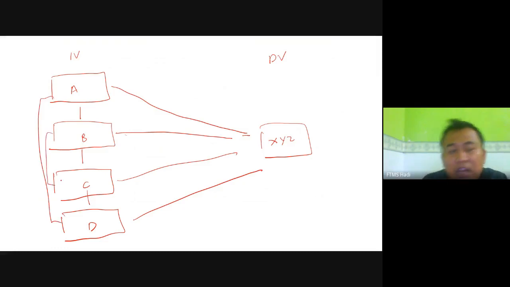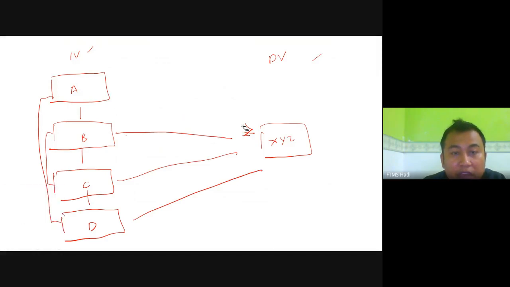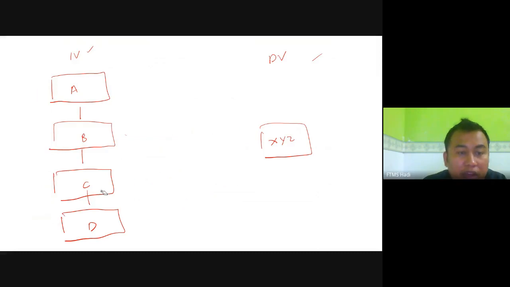Sometimes I feel like, okay, I can see your IV and DV, but if you draw just lines like that, where is the arrow? Are you leaning towards this arrow or this arrow? That is an issue. You need to make it complete, and you must have arrows. The arrow shows the relationship with one another.